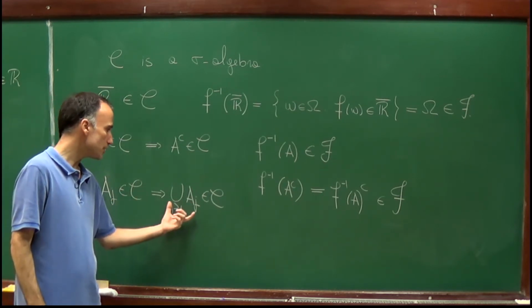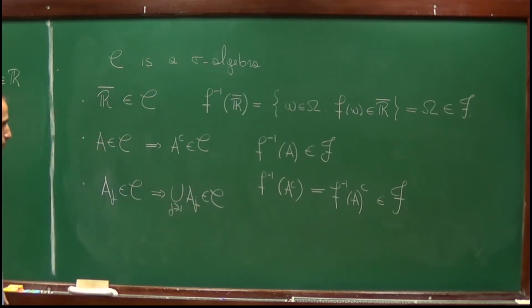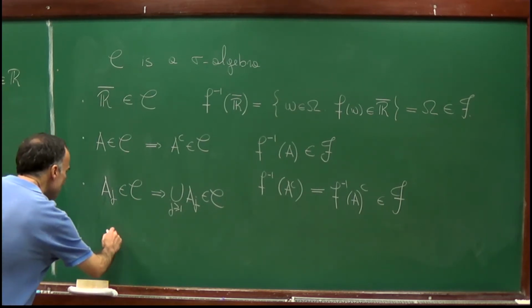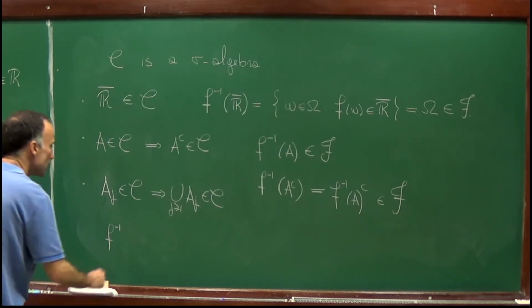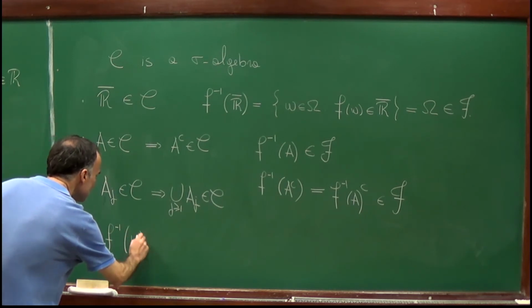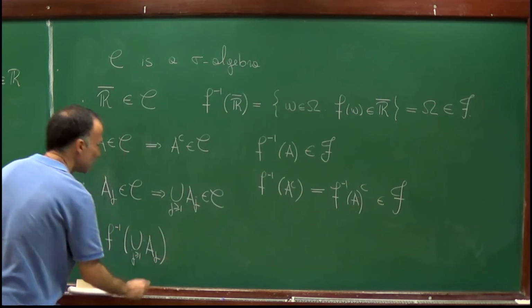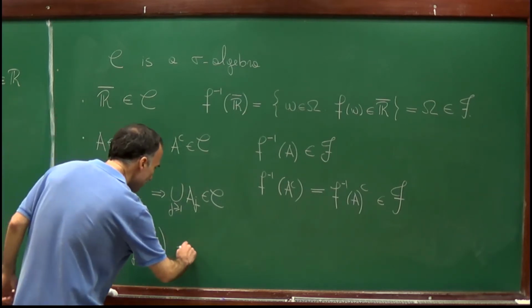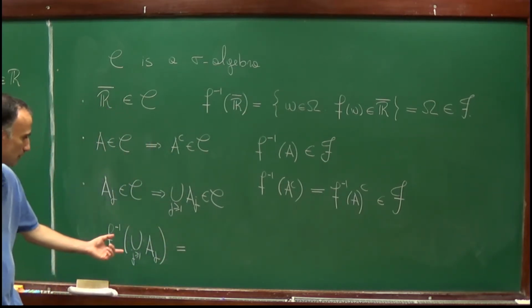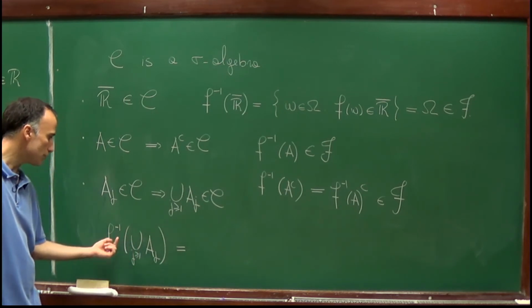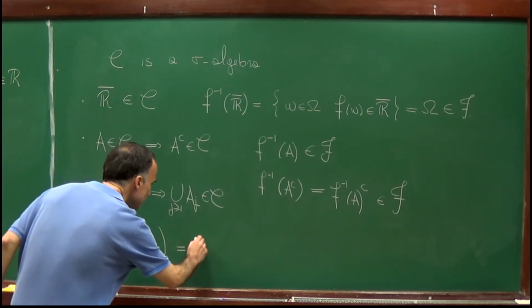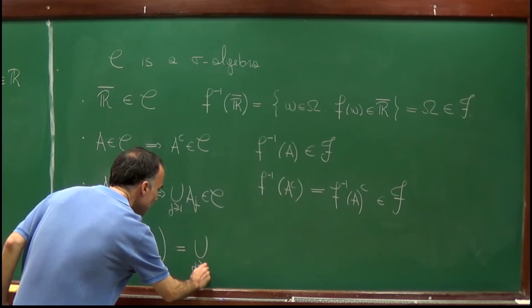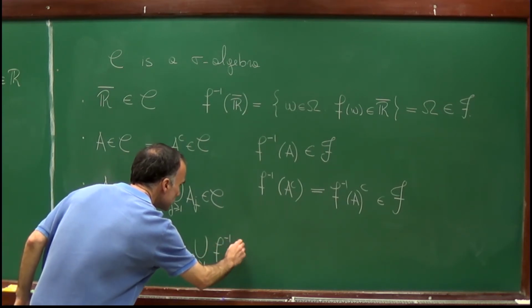Since it's a sigma algebra, the union of A_j belongs to the extended Borel sigma algebra. So what remains to be shown is that the inverse image of the union is in F. But again, I claim that if you take a union of sets and take the inverse image, this is equal to the union of the inverse images.